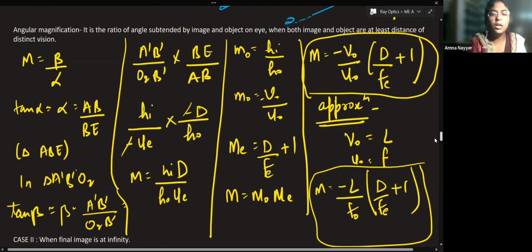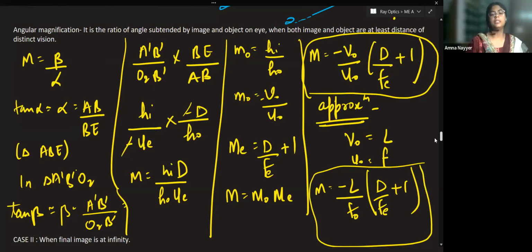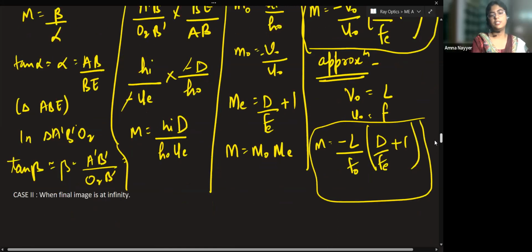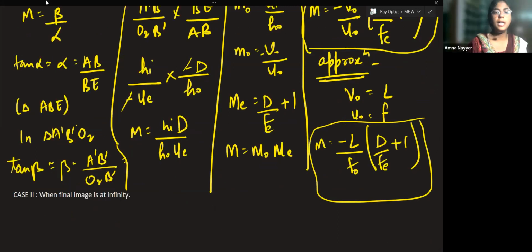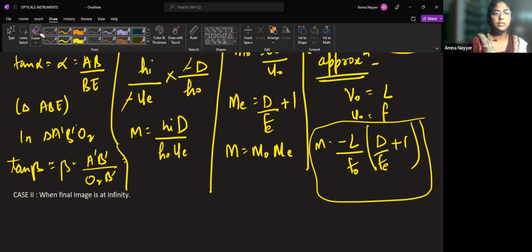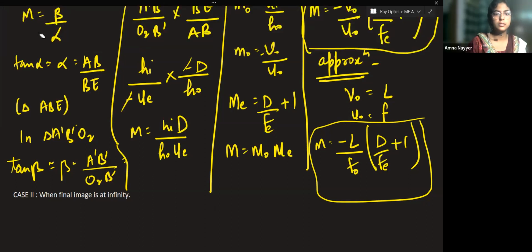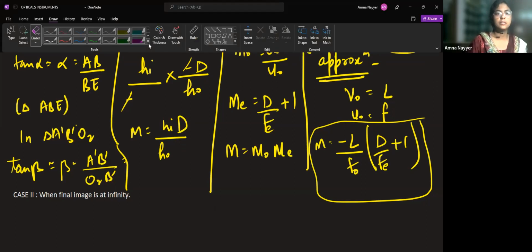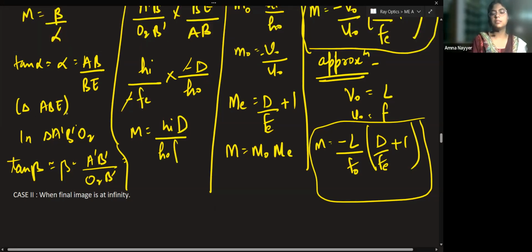So again, till here it will be the same. The difference will arise in UE. Here you will have this as UE, and UE will become FE. So this becomes FE, this becomes FE.